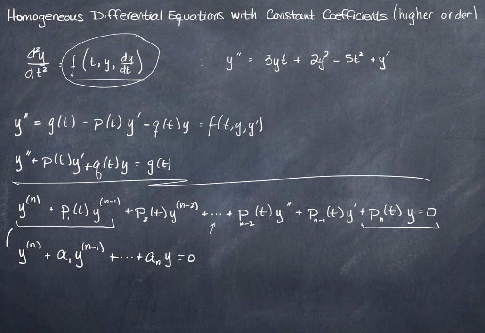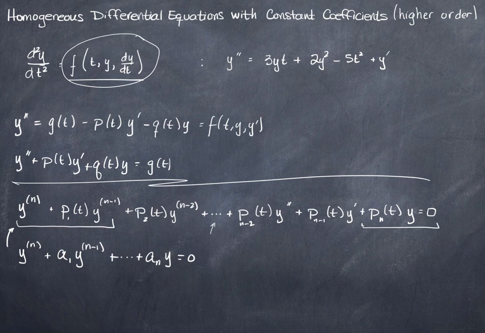That is the same equation as that one, except that instead of functions of t, I just have constant coefficients. Remember also that whether there's a function or a constant in front of the highest order term, I can divide the entire equation through by it, so that the coefficient of the highest order term is 1. And that's essentially what I've done here, just implicitly. I didn't talk about doing it; I just started with the equation in that form.